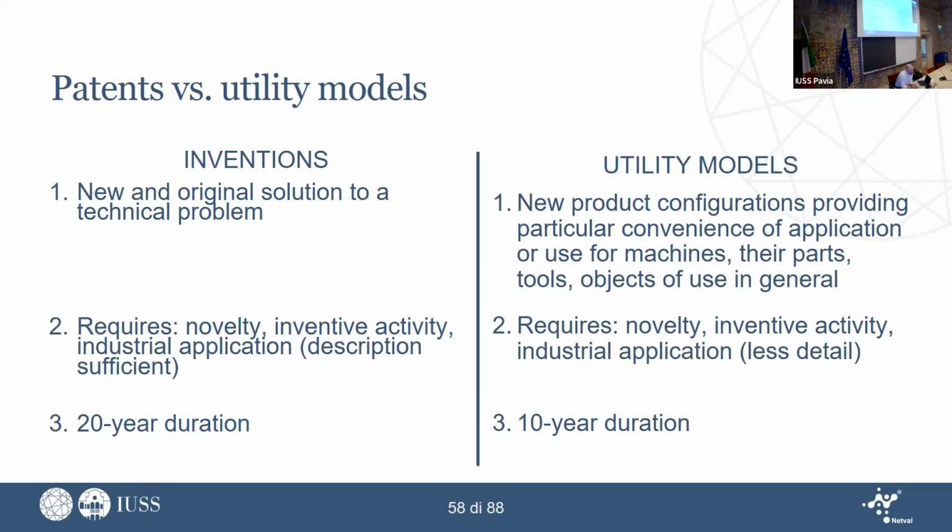Utility models could be not only a new and original solution to a technical problem, but new product configurations, providing particular application or convenience for the use of a machine, a part, a tool, an object. In the utility model, you have a less detailed description and a shorter duration.